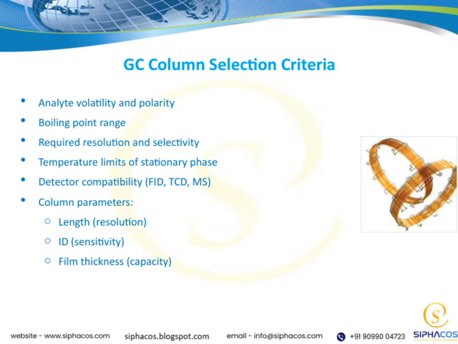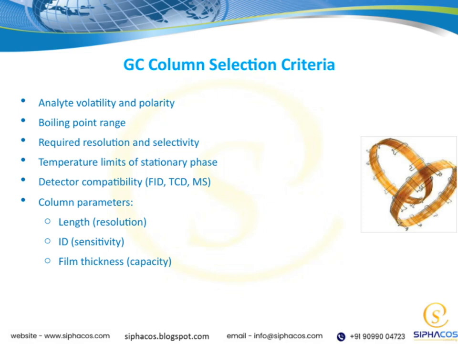Depending on how complex our sample is, we might need a column that offers higher resolution to separate closely related compounds. Along with that, we need to be aware of the temperature limits of the stationary phase to avoid damage and ensure optimal performance. Detector compatibility is also key. Whether we're using FID, TCD, or MS, each detector has specific requirements that our column must meet.